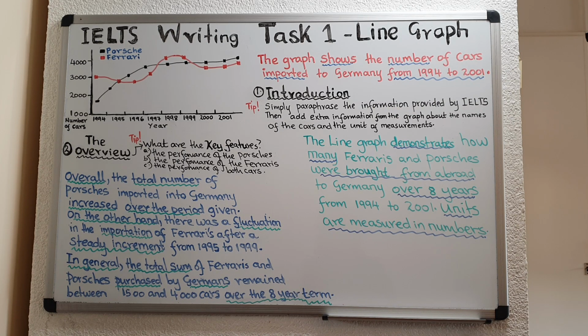So use details in terms of numbers. The next tip, ensure that your overview has at least 2 to 3 sentences. I would say 3 sentences, because if you have 2 key features, then you should have 2 sentences. If you have 3 key features, then you should have 3 sentences.